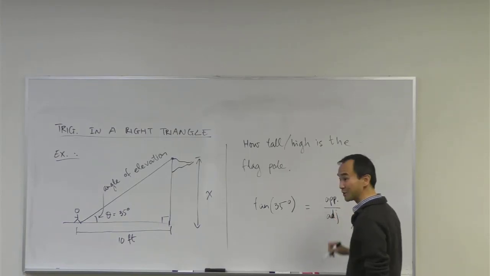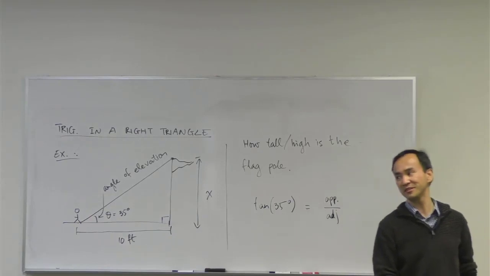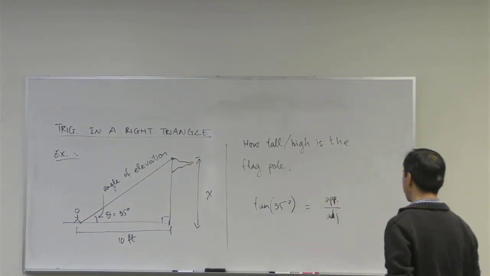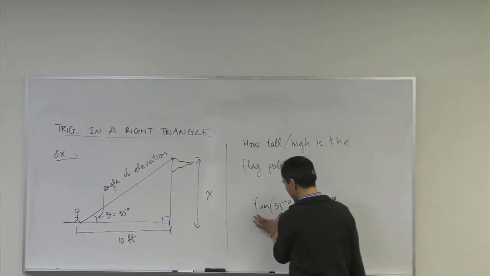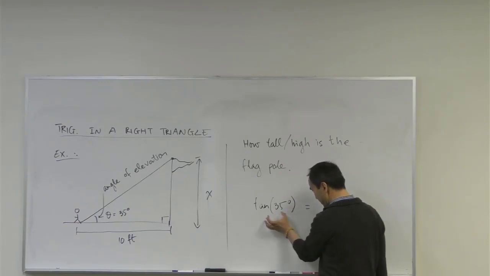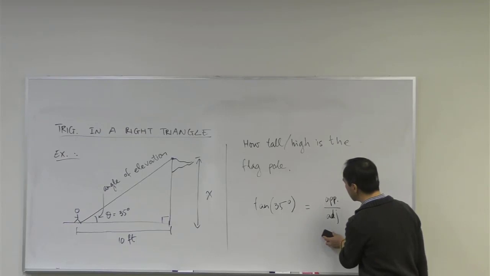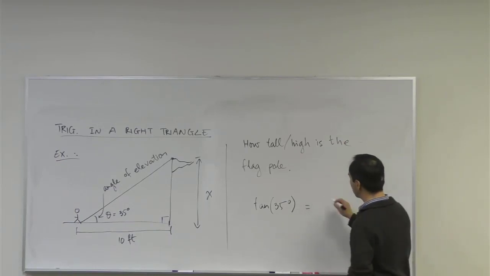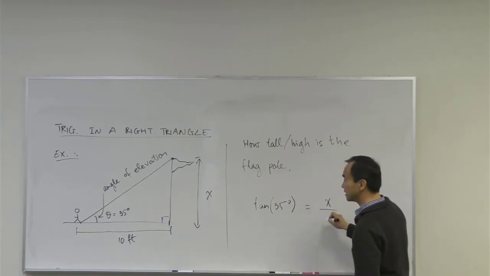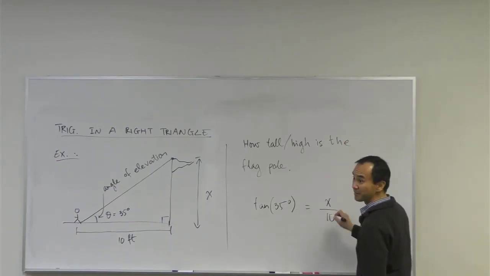TOA, remember TOA, right? Tangent is opposite over adjacent. And so in that way, tangent of 35 degrees can be easily calculated with a calculator. But on the other hand, we want that to equal, now I'm going to erase this and put in the actual expression. We want that to equal x over 10. See what I mean? Okay.